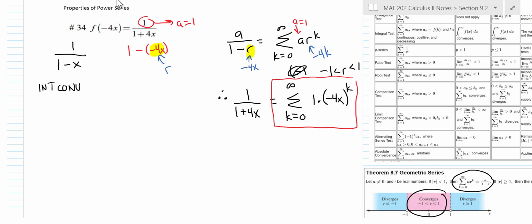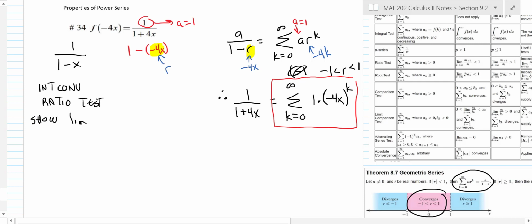Okay, so when I do this by ratio test, we know that we need to show that the limit as k goes to infinity of a sub k plus 1 over a sub k.